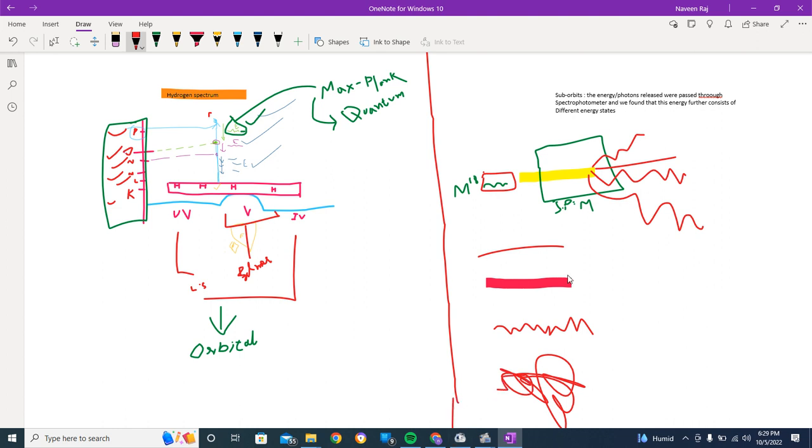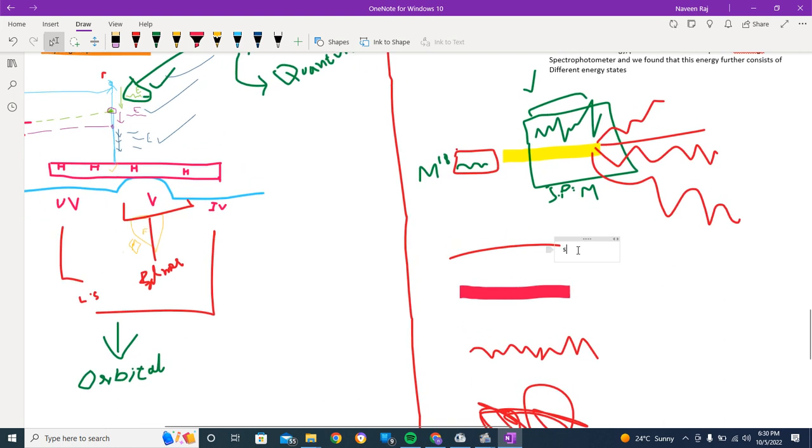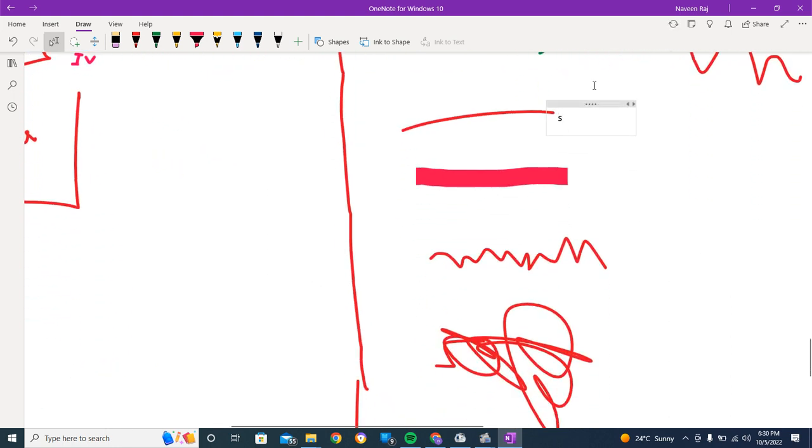So what we analyze from here is that the energy released had shapes. You've seen that a spectrophotometer is also present in hospitals, showing shapes like lines on it. That is the same concept being used here, and you need to connect the two.